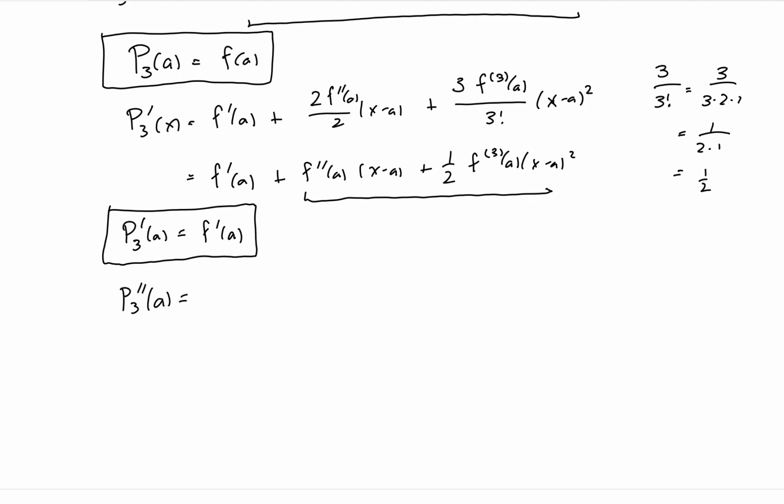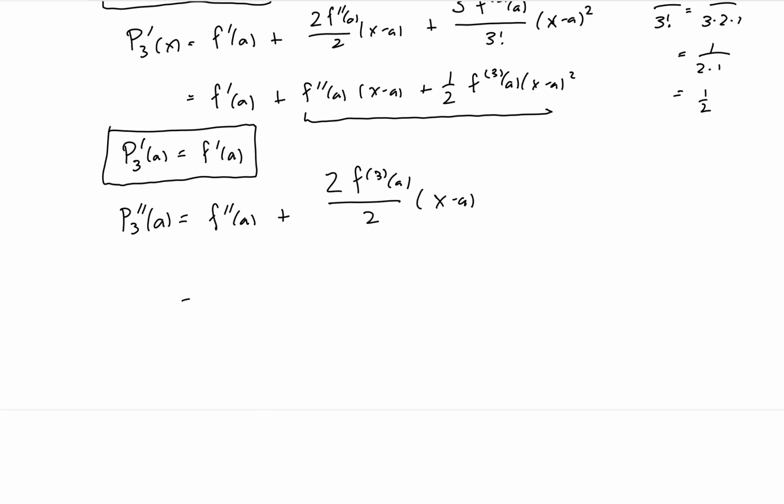Now the f prime of a is a constant, so that will go away. The derivative of f double prime of a times x minus a is just f double prime of a. And then I'm going to get a 2 times the third derivative of a over 2 times x minus a. So this is f double prime of a plus the third derivative of a times x minus a.